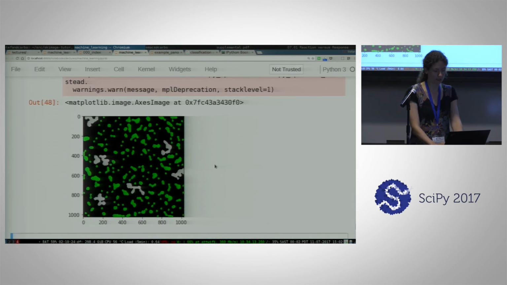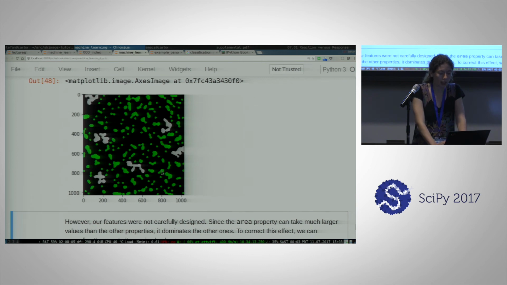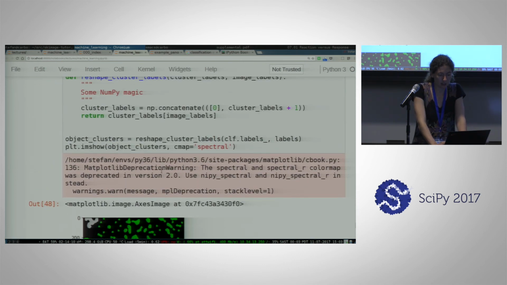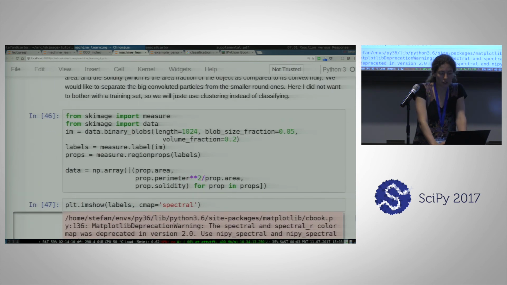So when I do this, you can see that it's separated quite well some of the elongated particles, but I'm not very satisfied with the clustering. And in fact, what I've done was very silly, because I have used features that have very different orders of magnitude.